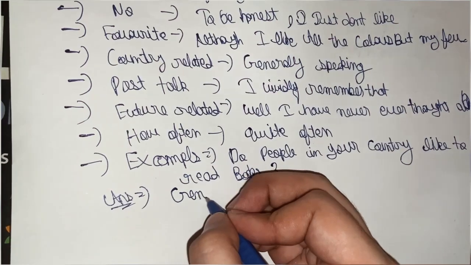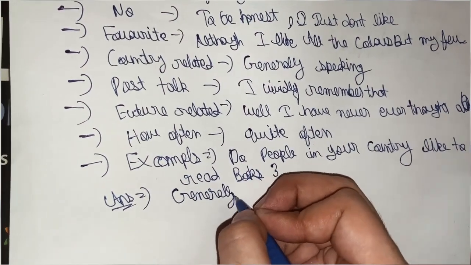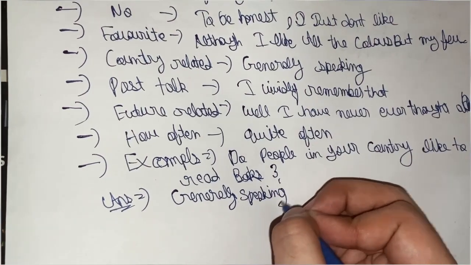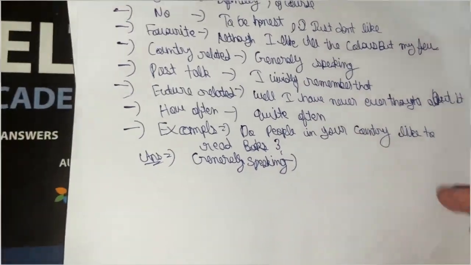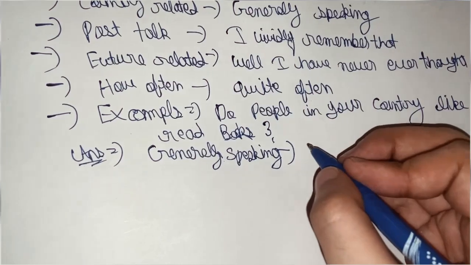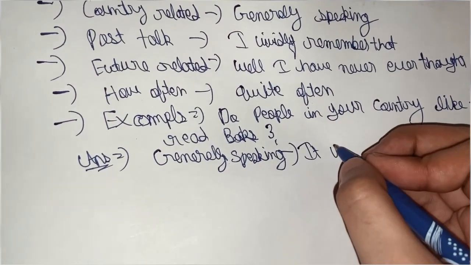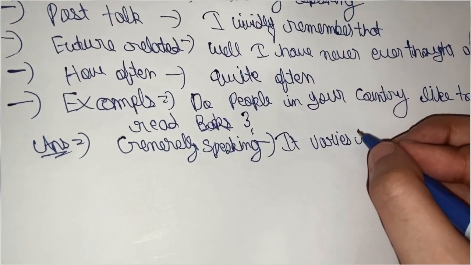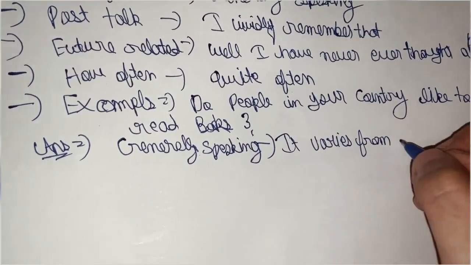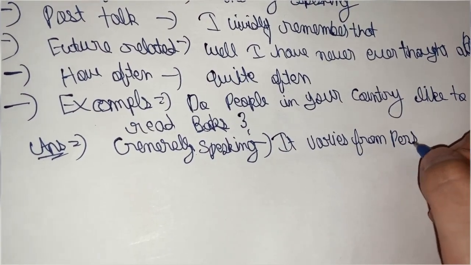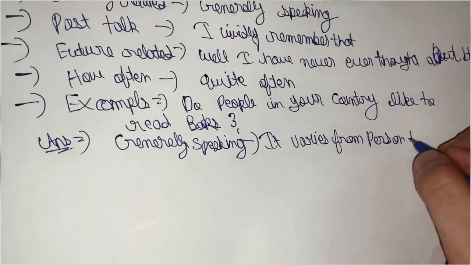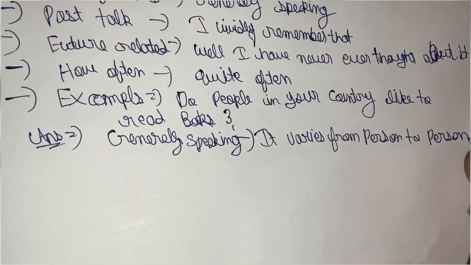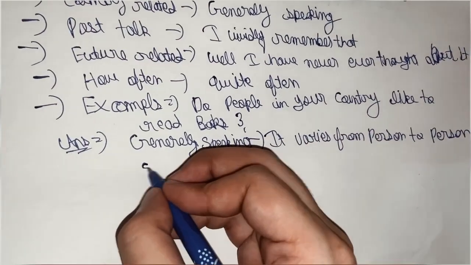So as I have already discussed with you, if there is a question related to your country, like do people in your country like to read books, you should say generally speaking. Always start your answer with these words. So you should note this, guys. It will really help you in the IELTS exam to find a good answer and start your answer with a better word. Generally speaking, it varies from person to person.